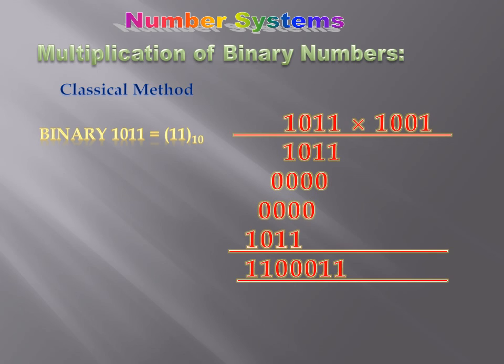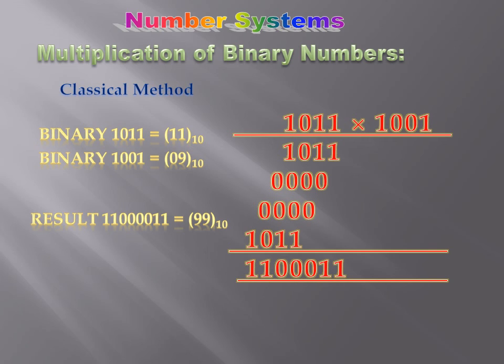One number is binary 1011, equivalent to decimal 11. The other number is binary 1001, equivalent to decimal 9. And the result here, 1100011, is the number equivalent to decimal 99.